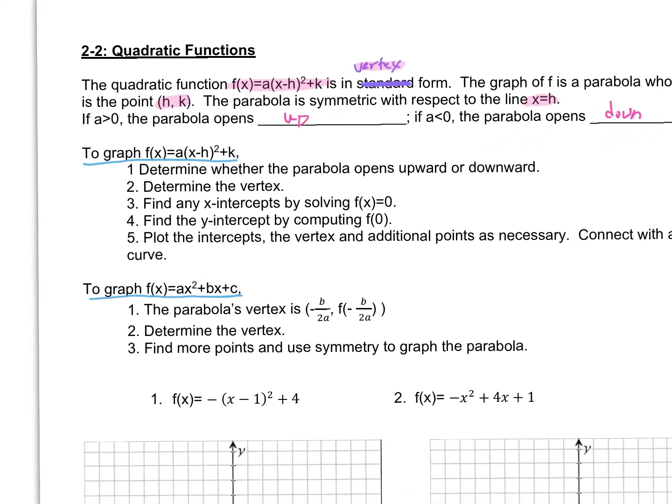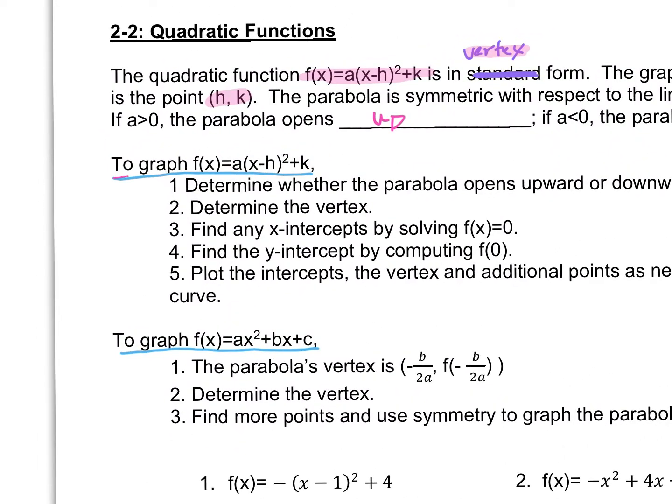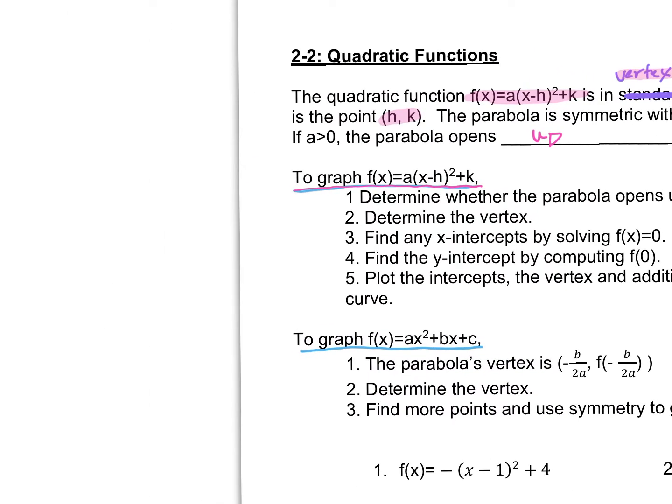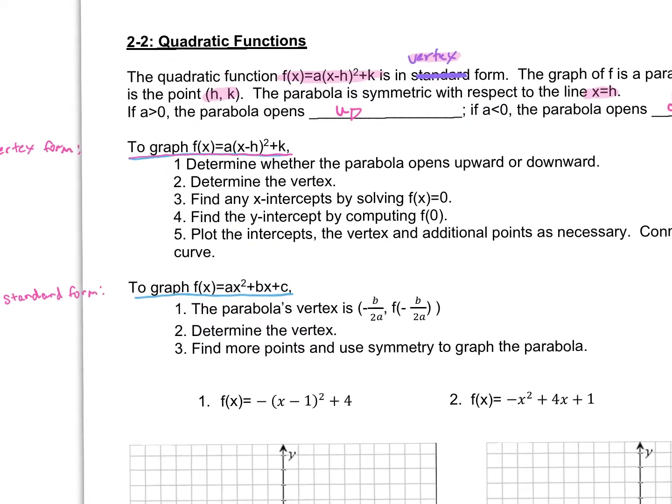Okay, so we need to refresh our memory on the process of graphing if we are given the equation of a parabola, a quadratic, in vertex form. And then this is what's referred to as standard form, the ax squared plus bx plus c. So we're going to work through the steps for how we solve each of these different types of problems.